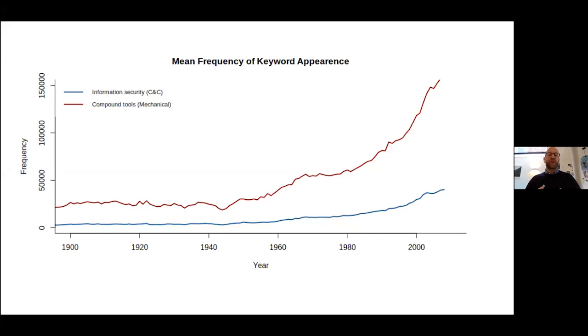The one that's obviously a much more recent technology, we see that the words only start to rise in frequency around 1970 or something like that. Whereas we see a very different pattern for compound tools, and one that we think lends some support for the approach that we're taking here.